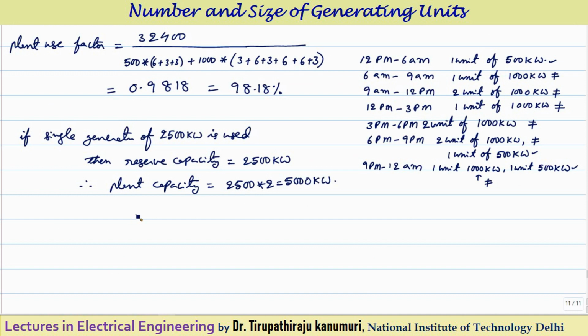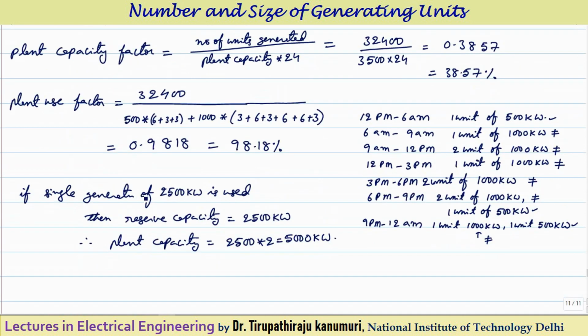Agree with me? From this I can calculate the plant capacity factor. Plant capacity factor will be equal to the number of units generated, 32,400, divided by the plant capacity. Plant capacity is now increased to 5000 multiplied by 24.